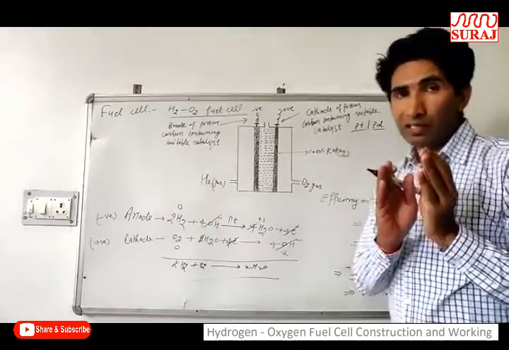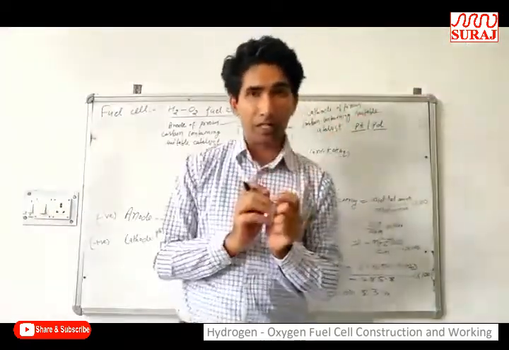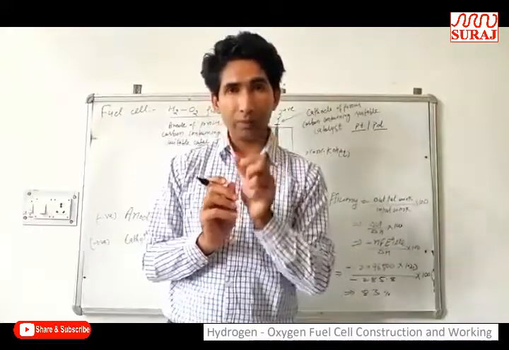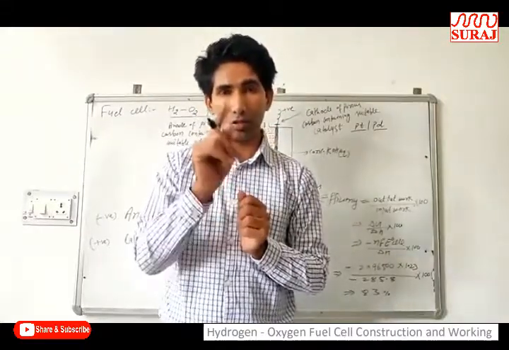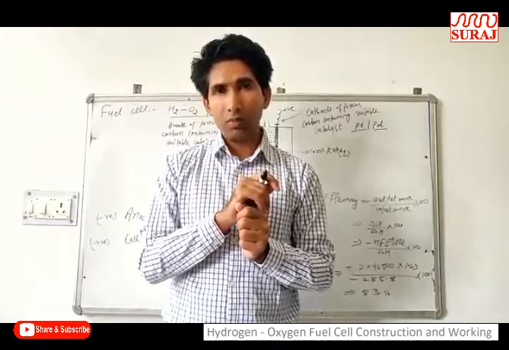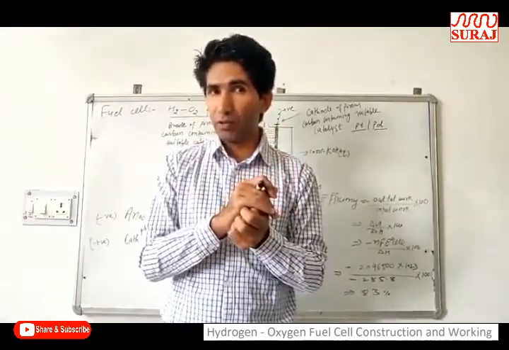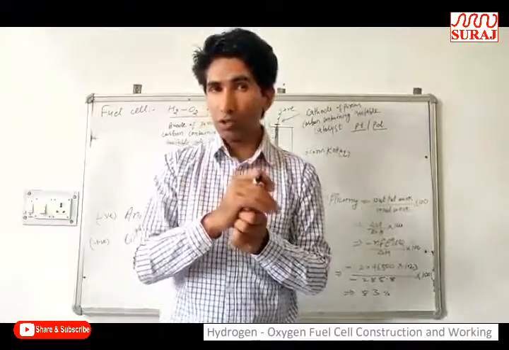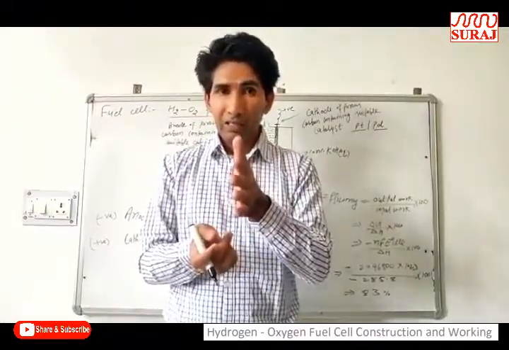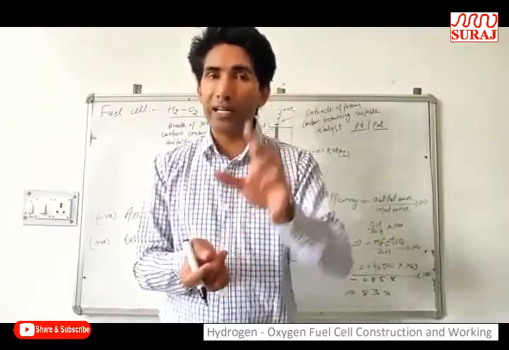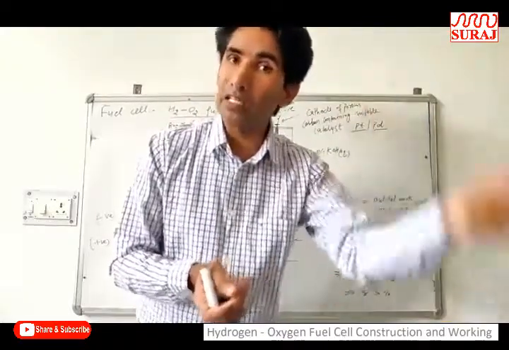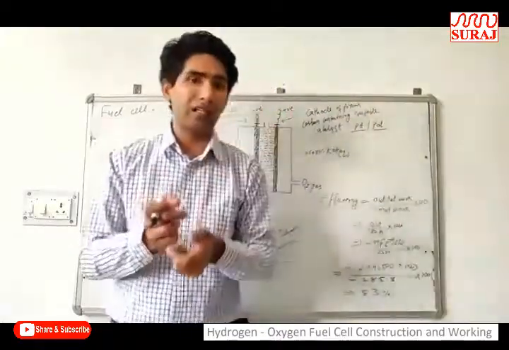This is very high efficiency, I think, because thermal power plants are generally 40% efficient. In those plants, first we combust the fuel, and that fuel is used to make steam, and that steam then rotates the turbine and we get electrical energy.